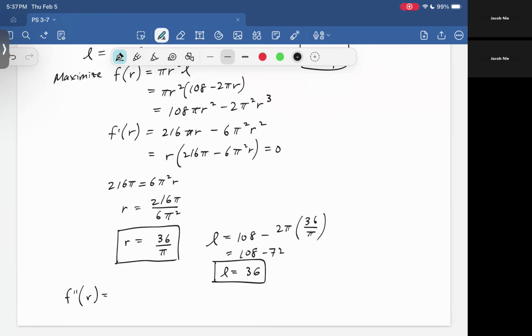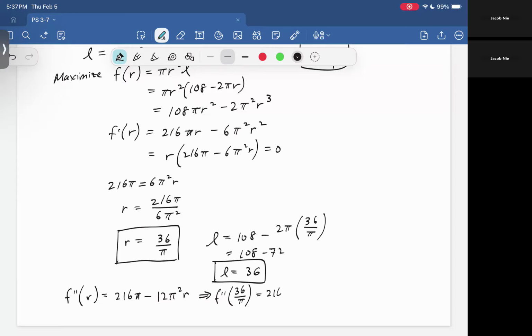And so the second derivative, we'll differentiate that. That's going to give us 216 pi minus 12 pi squared r. So we plug in r equals 36 over pi.